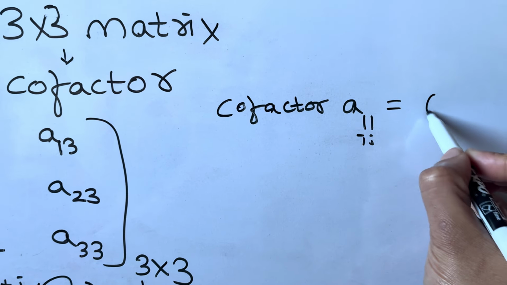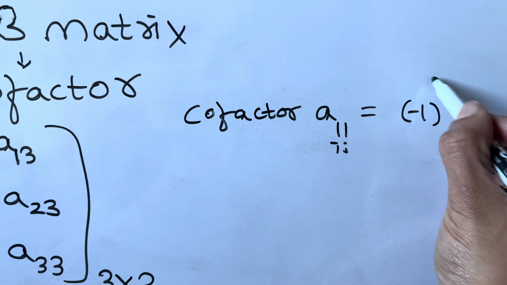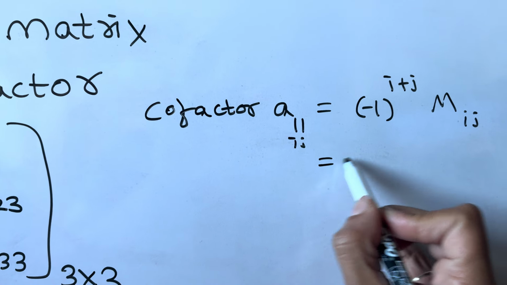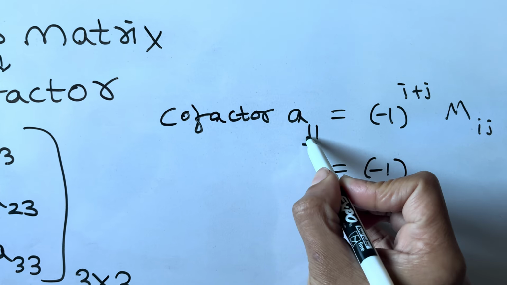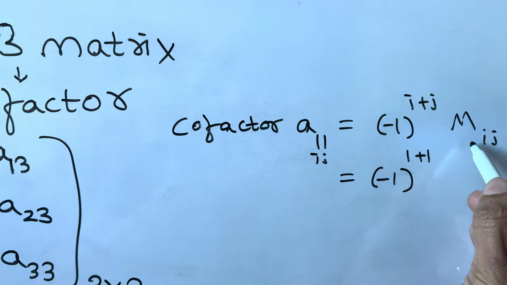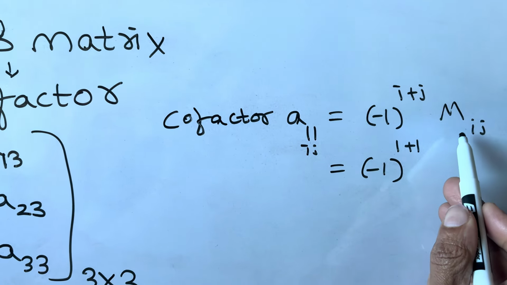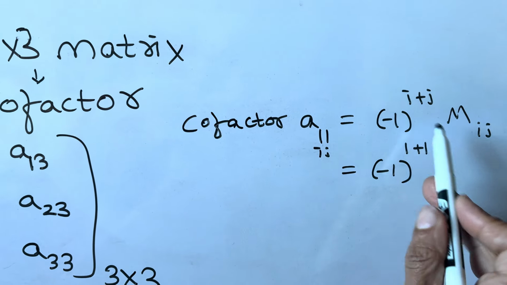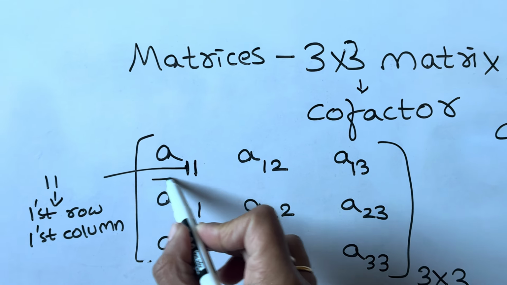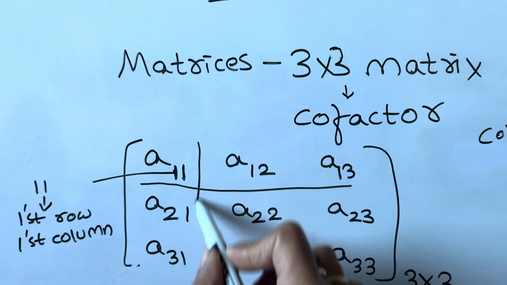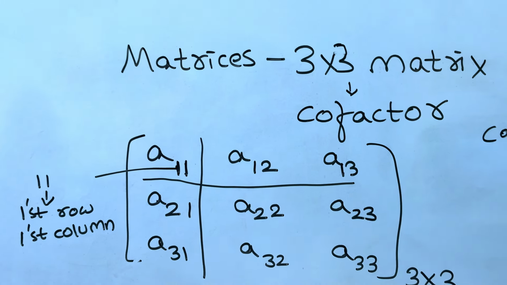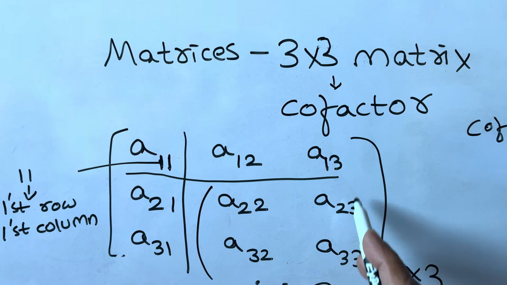This can be written as -1 to the power i plus j and minor of i and j, which is -1. i is equal to 1 and j is again equal to 1, and the minor is the determinant of the matrix eliminating the first row and first column. So this is my first row and this is my first column. So I am eliminating my first row and first column. Then the remaining matrix would be this one.